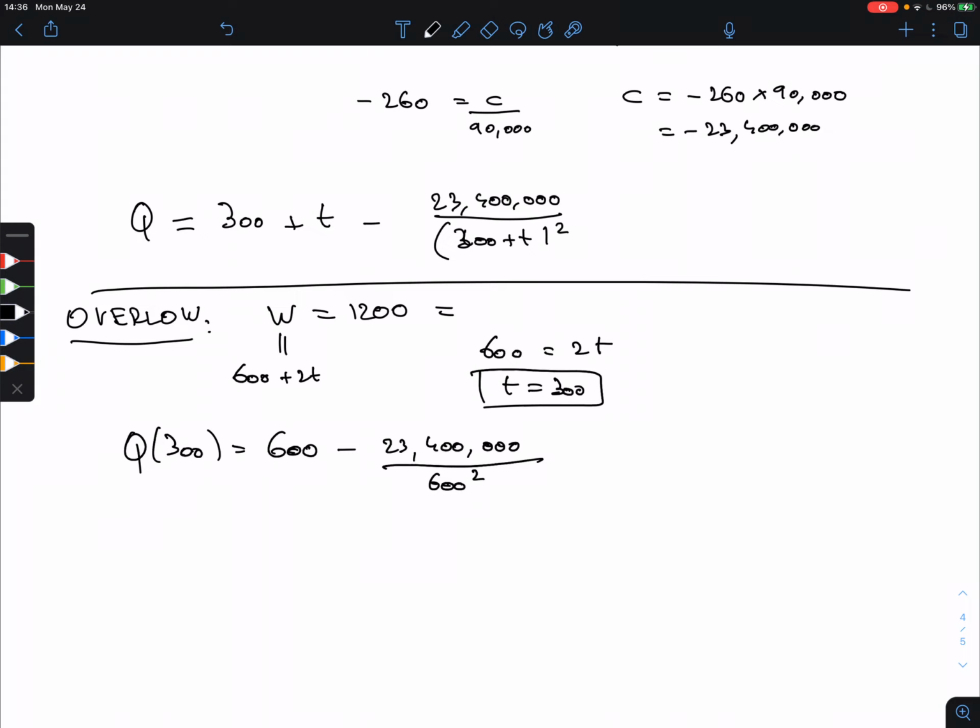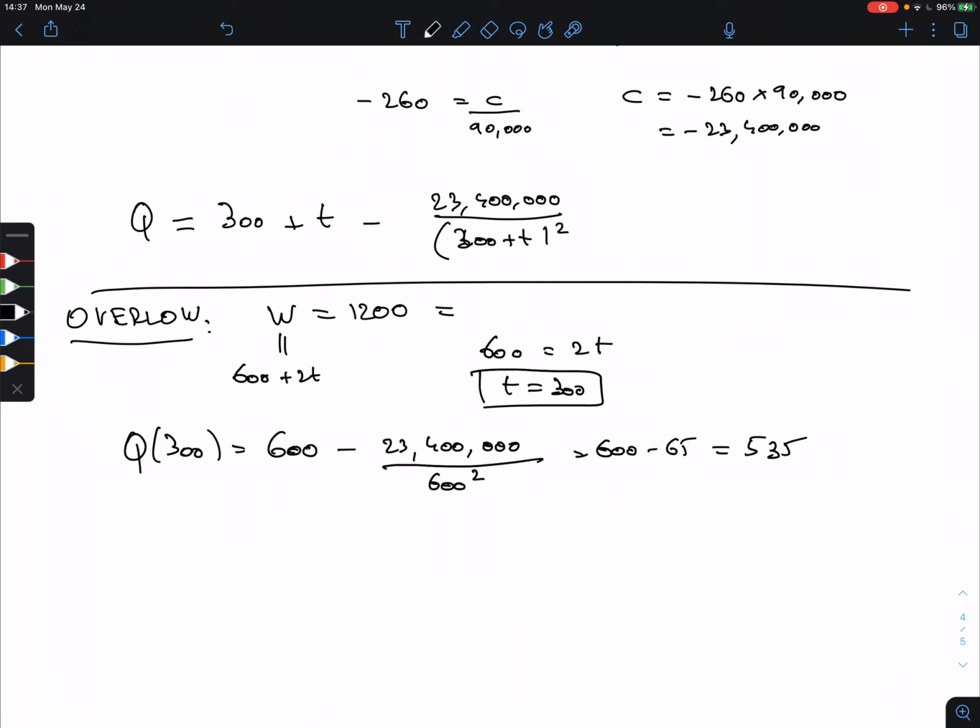Right, it seems to be 65, so this is 600 minus 65, so this is 535. So that's the amount of salt that would be in the tank at the time of overflow.